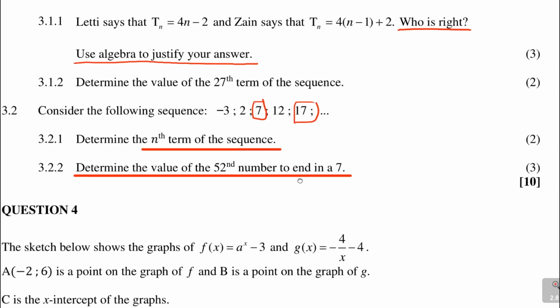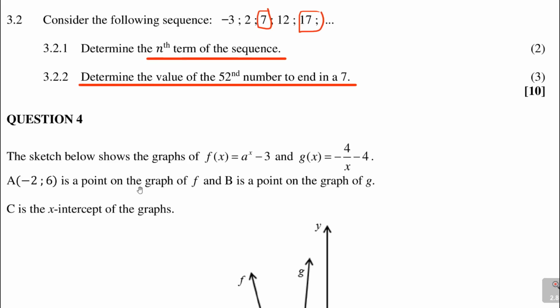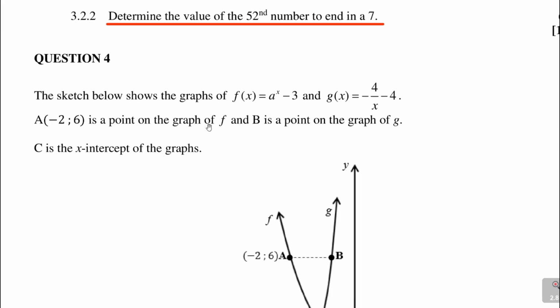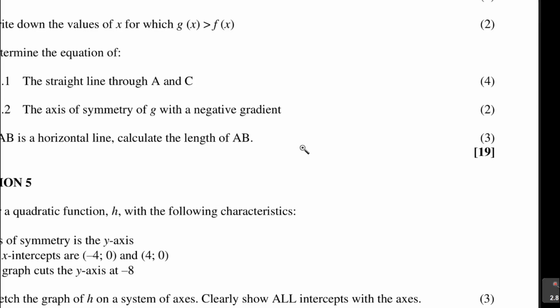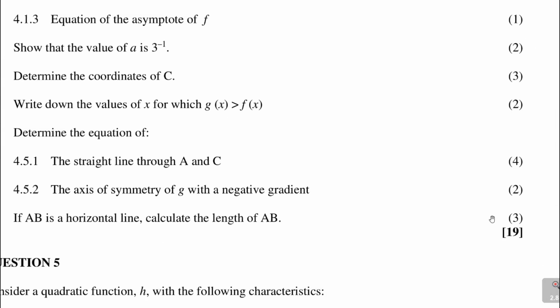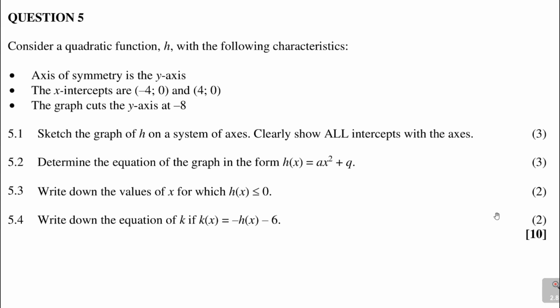It is that one. Guys, we've come to the end of our session. What's next? Question number 4. I'm gonna deal with it for you, and you don't want to miss out. It's functions. I'm gonna do it in the next session. Question number 4, functions, 19 marks, guys. Question number 5, functions, 10 marks.